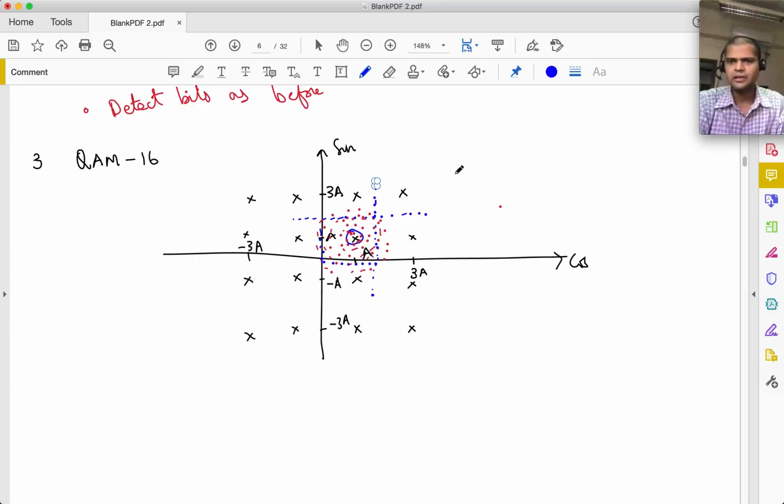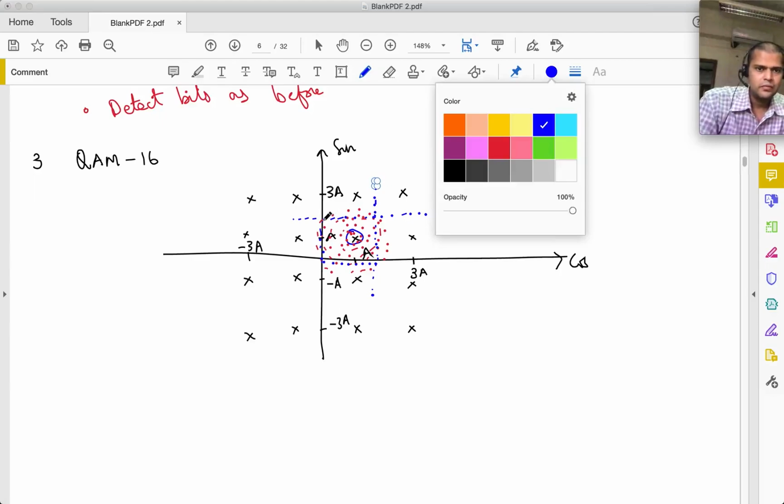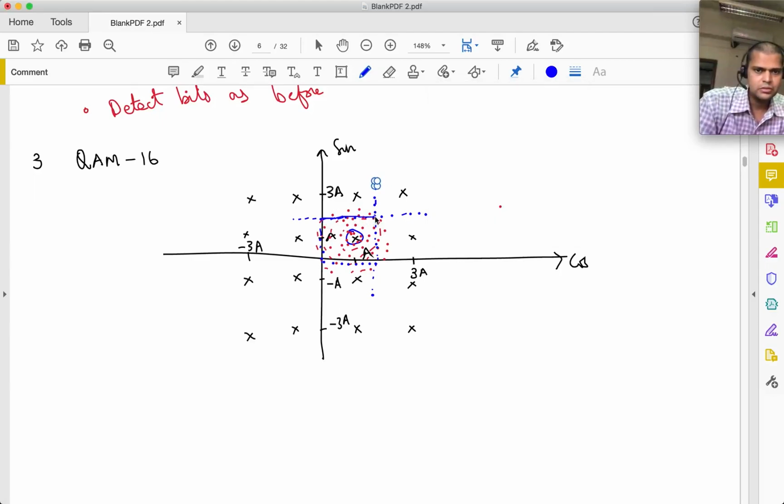I'm ignoring the attenuation due to the channel over here, just for simplicity. And essentially, if I look at what is closest to this particular point, it is going to be this region over here. So any point within this region is closest to this constellation point. If I receive a constellation here, I'm going to say this one was transmitted.